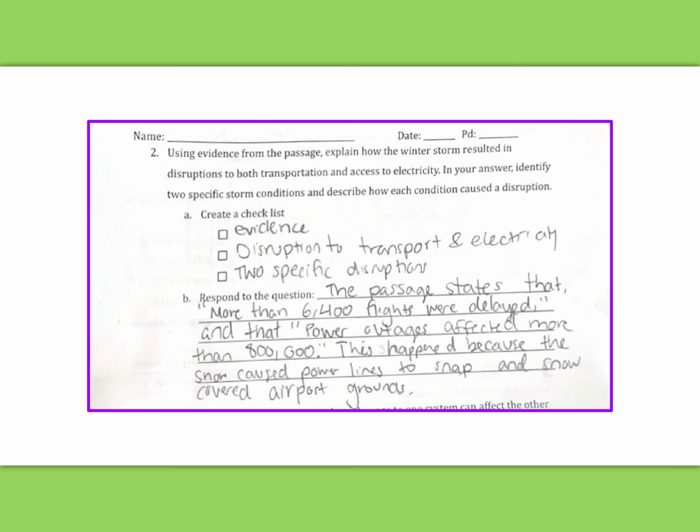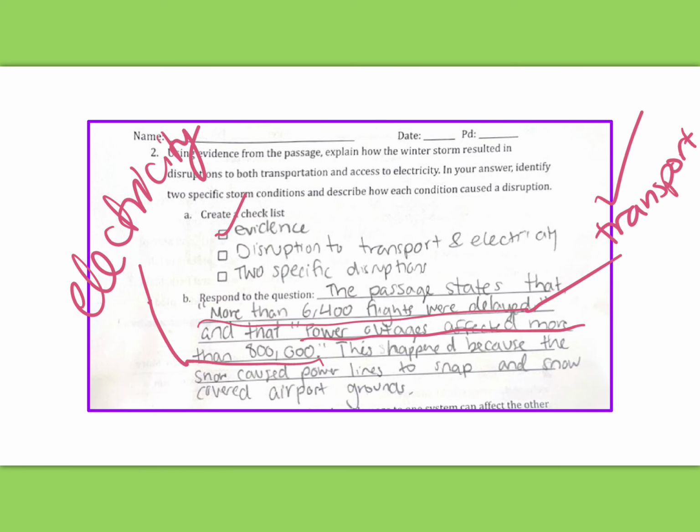We're going to look at a strong example here. The passage states that, quote, more than 6,400 flights were delayed. That's evidence related to transportation. And that, quote, power outages affected more than 800,000. This happened because snow caused power lines to snap and snow covered airport grounds.